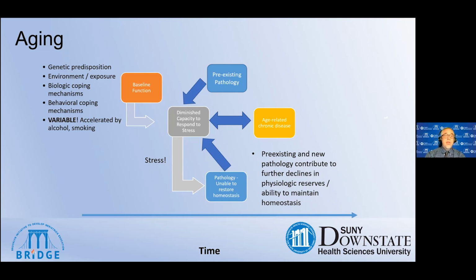All of these predispositions and reserves interact with the axis of time and ongoing stressors to cause a gradual loss of physiologic reserve. These interact with age-related and other chronic and acute diseases to further diminish our capacity to respond to stressors. And as stressors accumulate and further reduce our homeostatic capacity, our physiologic reserves, we move further away from our ability to restore homeostasis and closer to a state of pathology.